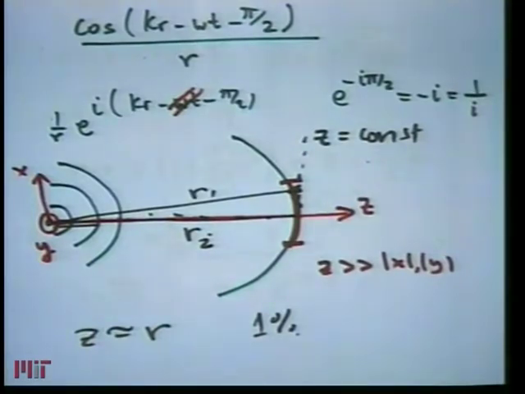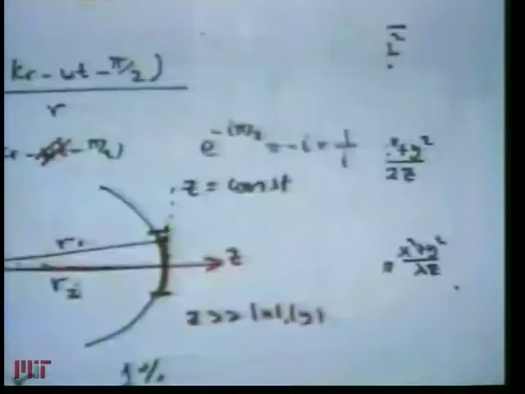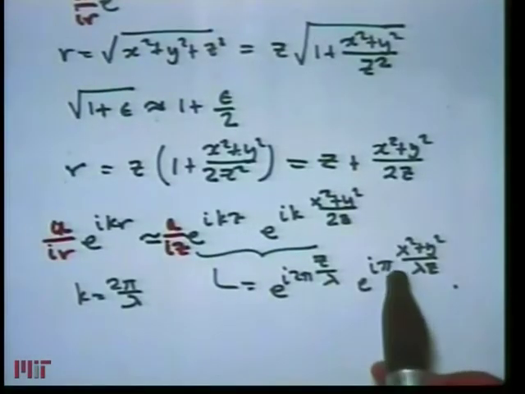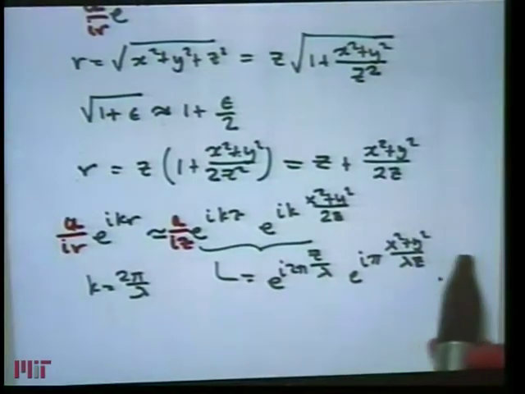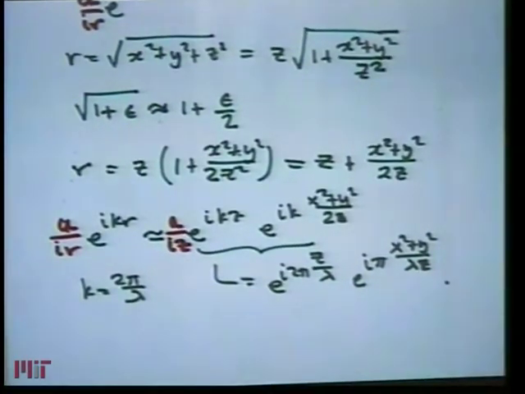Now, let's look at the term that is inside the exponential, e to the i pi times x squared plus y squared over lambda z. If I miss by 1%, that is, if I had e to the i 1000 pi, and I miss by 1%, then it means I went to e to the i 990 pi, right? So this 1% error actually caused me how many? 10 full oscillations.